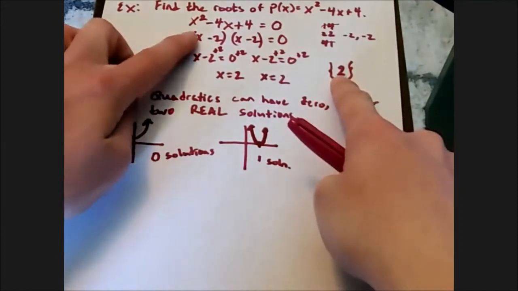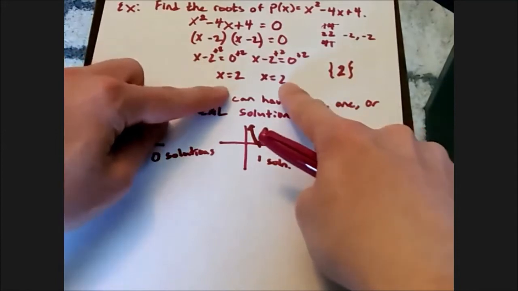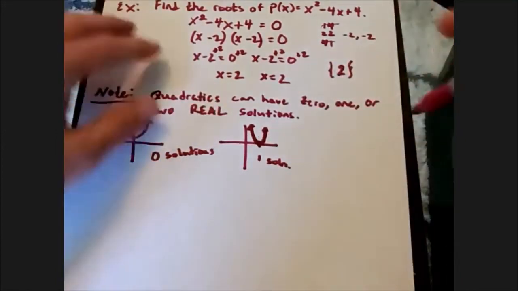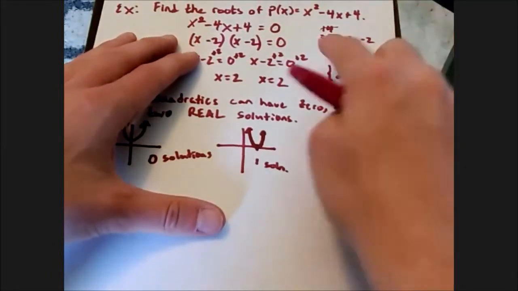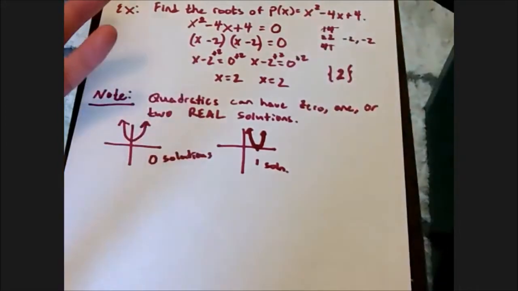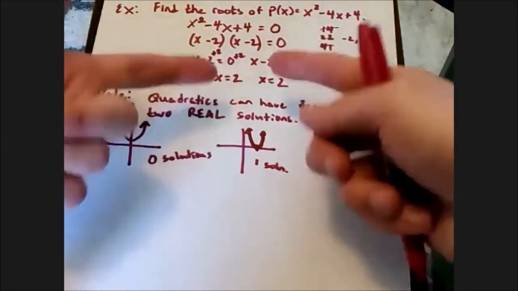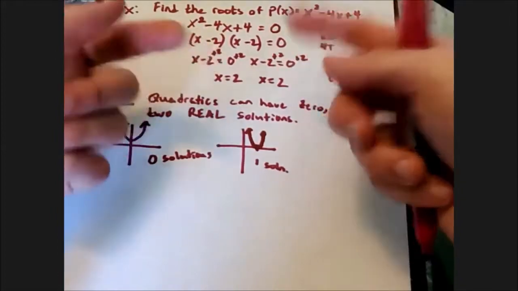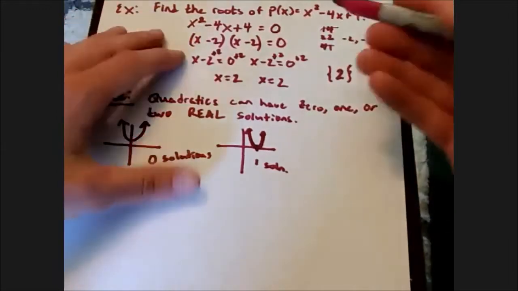This parabola, when you graphed it, only touches the x-axis at 2, but it shows up twice because naturally there's a theorem, we'll get to it eventually, called the fundamental theorem of algebra, that says whatever the highest power is on a polynomial, that is how many solutions you have. So in order for that to be true, and you only have 1 solution, that would indicate that they both are the same. It counts as 1, but through the process, you actually get 2. They just are the same number.